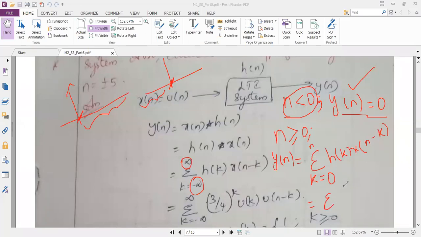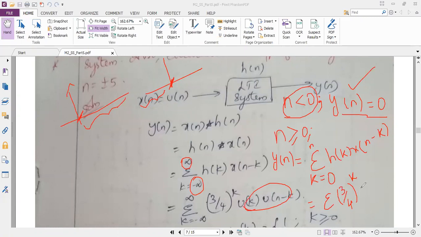So now I am going to substitute the value of h of k here. The summation remains the same. In place of h of k, what is the value I have to substitute? Anyone? 3 by 4 power k u of k. Is u of k required? U of k or u of n minus k, all the amplitudes are one only. So that is giving us the hint where the signal is present, either positive side or negative side.